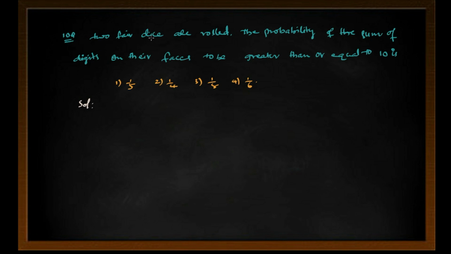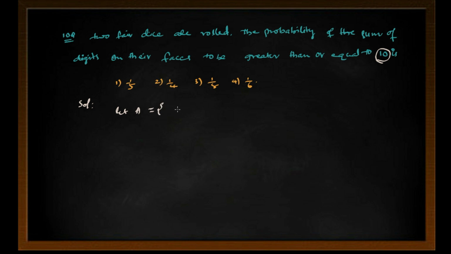Next question: two fair dice are rolled. The probability of the sum of the digits on their faces being greater than or equal to 10. Let A be the event that the sum of digits on the dice is greater than or equal to 10.